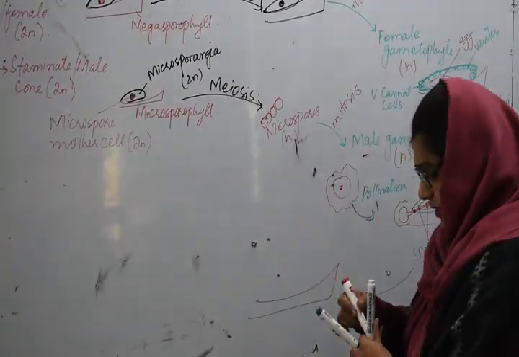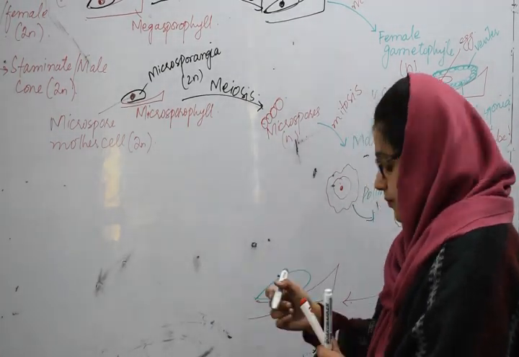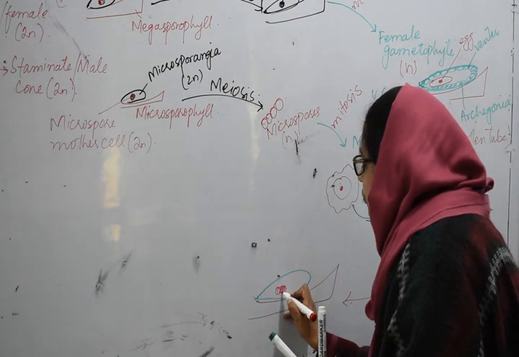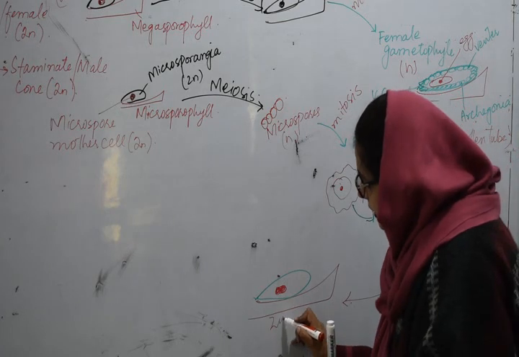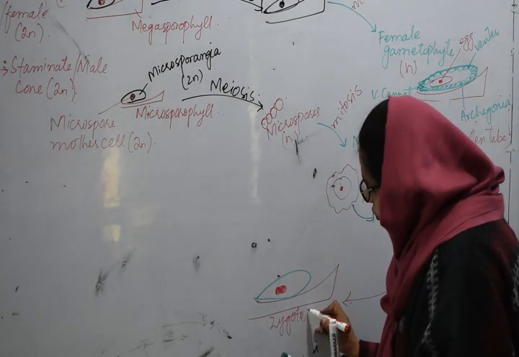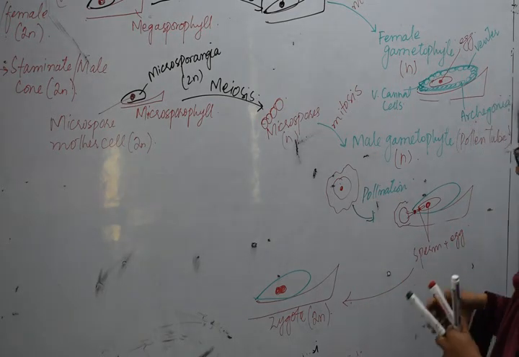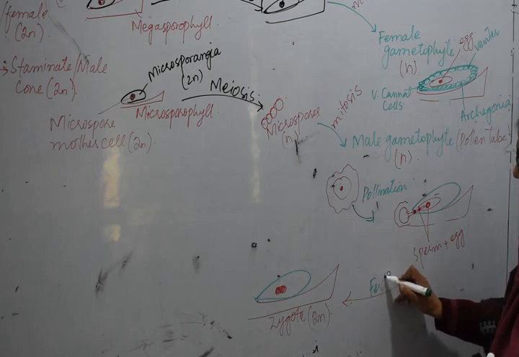This is the megasporophyll, archegonia. This is the fusion of 2 nuclei, that is sperm and egg, and so now we call that a zygote. And now the zygote is a diploid structure as it is formed by fertilization. So here comes the fertilization.